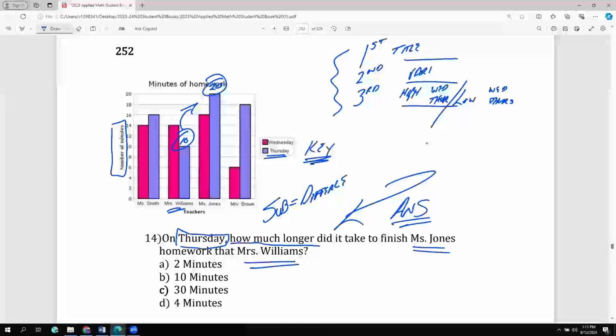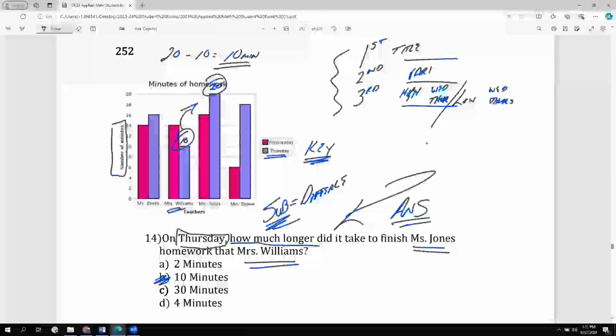I could say this is 10 plus 10 to get to 20, but a lot of times most people will use subtraction and say, let me just do 20 minus 10, and that leaves 10 minutes. So how much longer did it take? It took 10 more minutes to finish the homework for Miss Jones than it did for Mrs. Williams. Good luck with this. Keep trying.